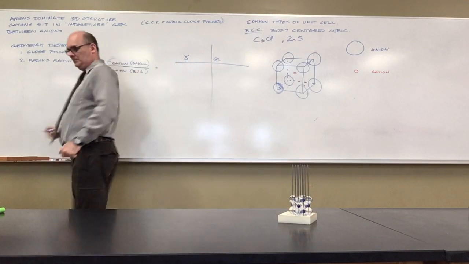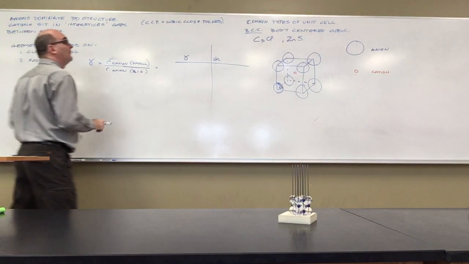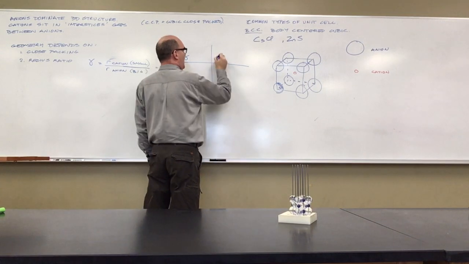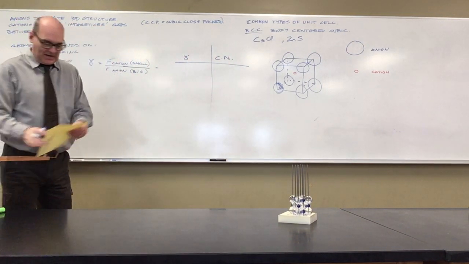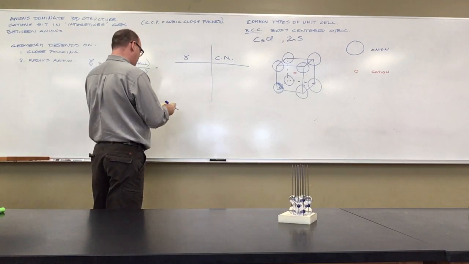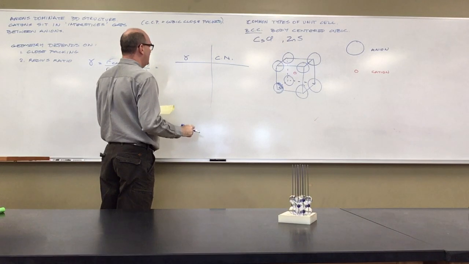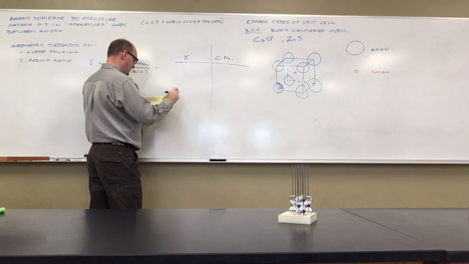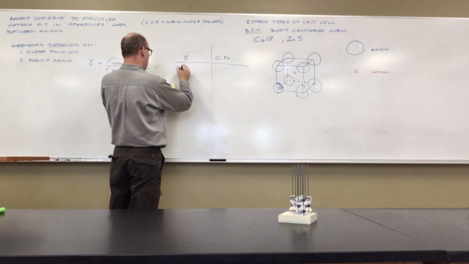Not going to do geometry. Just going to say coordination number. We can figure what the geometry is later. Okay. So we've got a sliding scale. If it's really, really small, then your structures are unstable. But we've got a couple of things here that we can recognize.